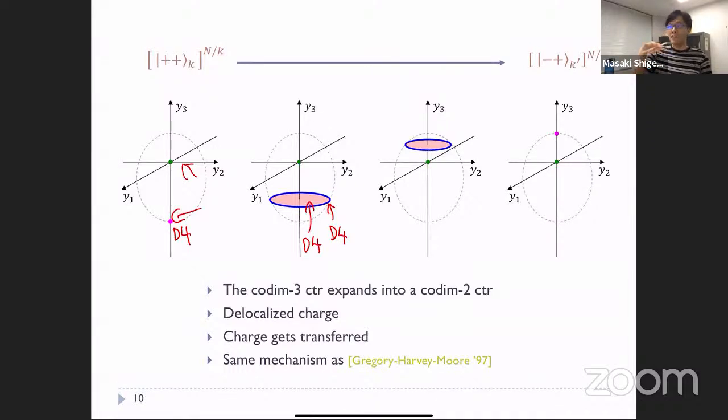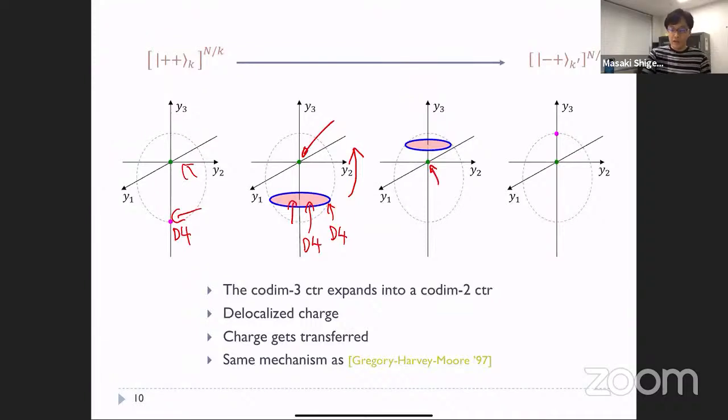So there is going to be a branch cut, and on the branch cut you want to associate some charge. As you proceed with the interpolation and this disk goes up, at the point when this other center crosses the disk, some part of this delocalized charge gets transferred to this green guy.